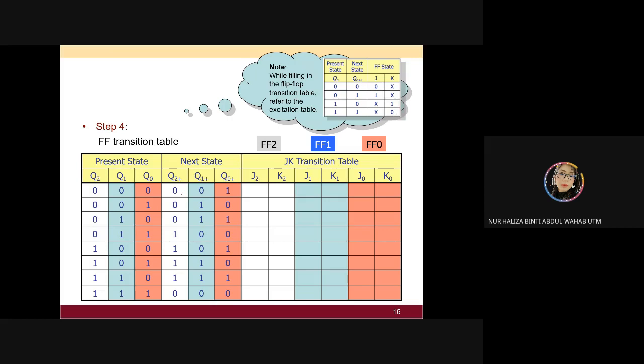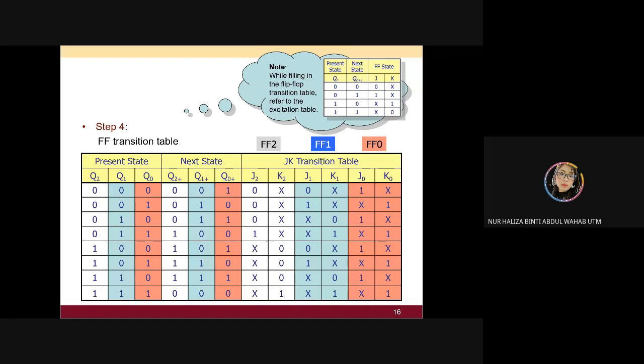Referring to the 0 part here, 0 to 1, it will be 1X. And then at 1 here, 0 to 0, it will be 0X. You fill in everything, and we're going to get it like this.